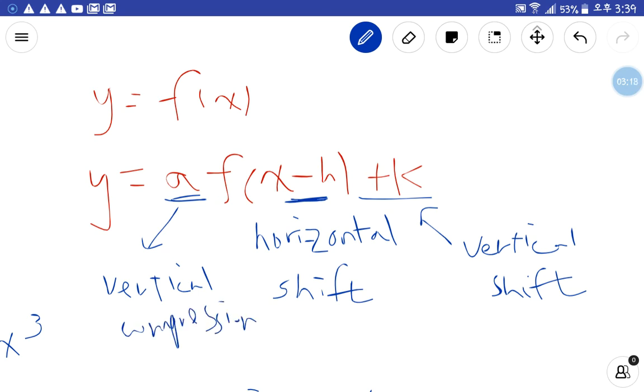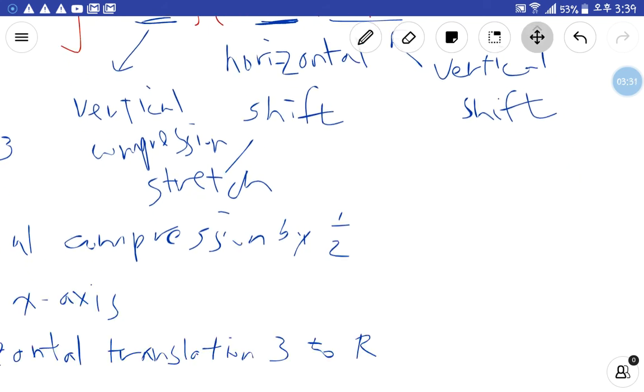So you're having either compression or stretch. If your a is bigger than 1, that will be a stretch. If your a is less than 1, that will be a compression. And then you have the reflection. If your a is positive, nothing happens; if your a is negative, then it's a reflection.